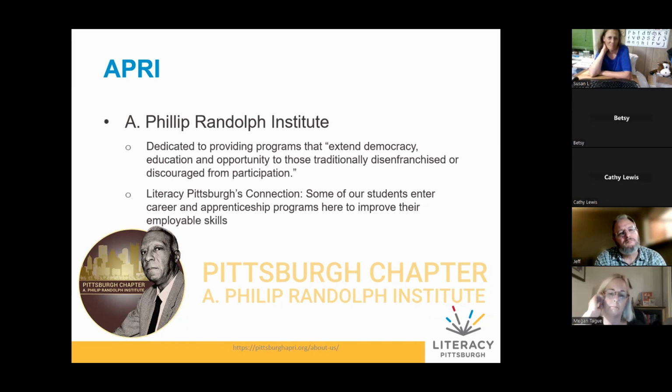So we do a lot of work to help our students get to the level where they can enter the APRI programs, because there is a certain test score that they must have to enter the programs. So we help students get there, and then once they're scoring at those levels, then they can enroll in the APRI programs.